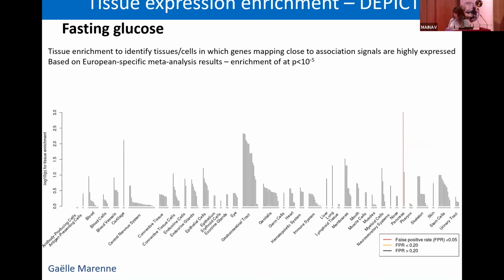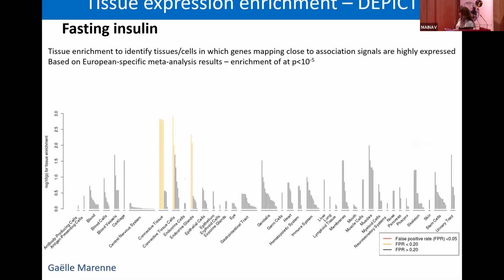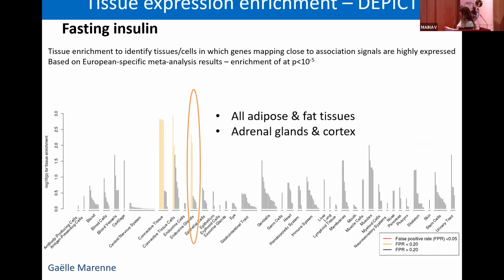And very much in agreement with what we saw with the stretch enhancers, if you took the fasting glucose loci, they're very heavily enriched in genes that are expressed in the pancreas. The fasting insulin, actually the genes that came up most strongly were enriched for genes expressed in adipose and fat tissue. I don't know what the difference between adipose and fat is, but anyway.